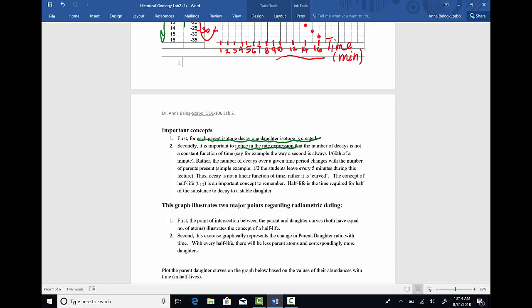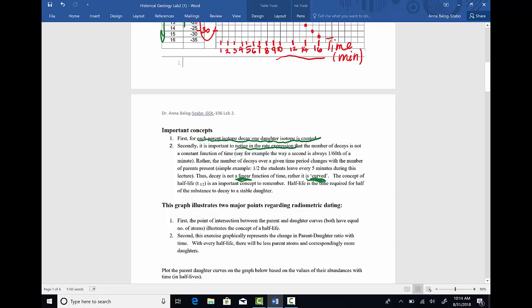Like if you have 30 students in the class and half of the students leave every 5 minutes. As the minutes are going, it's always going to be less and less students leaving the class. So it's not a linear function, but it is rather going to be like a logarithmic curve.